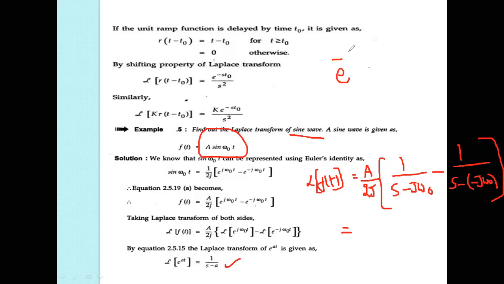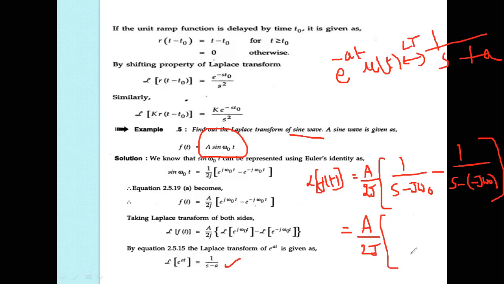Simply, the Laplace transformation of e power minus at u(t) is 1 by s plus a, my dear students. Remember this one. So A by 2j times s plus j omega naught minus s minus j omega naught, which becomes 2j omega naught, divided by a plus b into a minus b, that is s square minus j omega naught whole square.